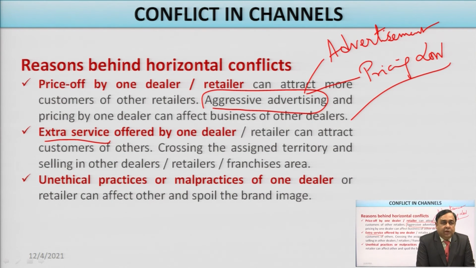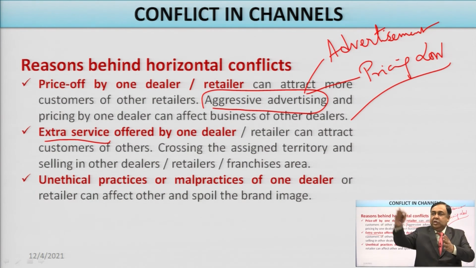So, the retailers can attract customers of others, crossing the assigned territory and selling in other dealers', retailers' and franchisees' area. Say you are entitled to sell your product in Greater Noida, you are trying to cross your area by a vigorous promotional technique, by offering a lower price, you are catering to the needs of the people at Delhi.